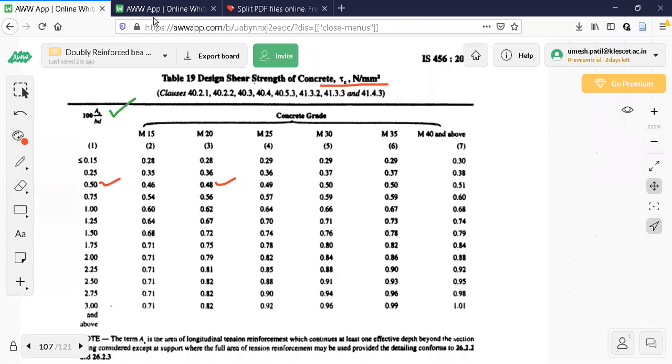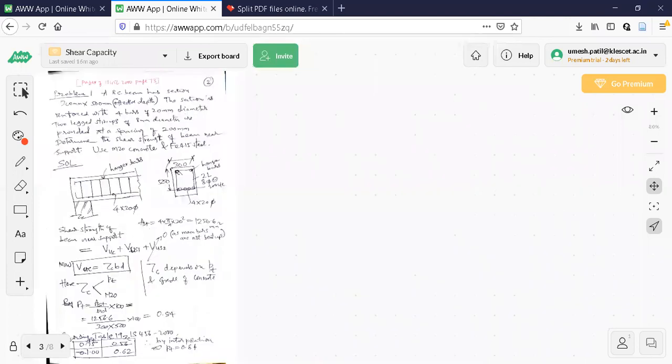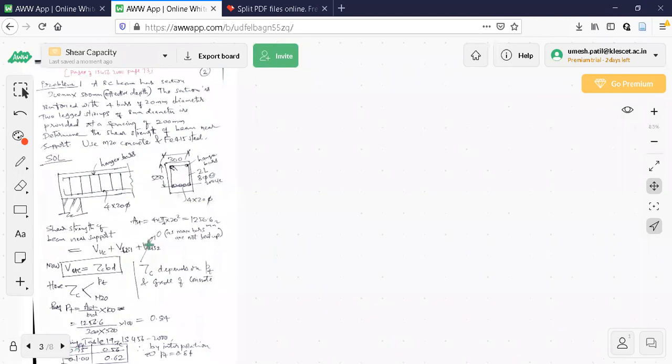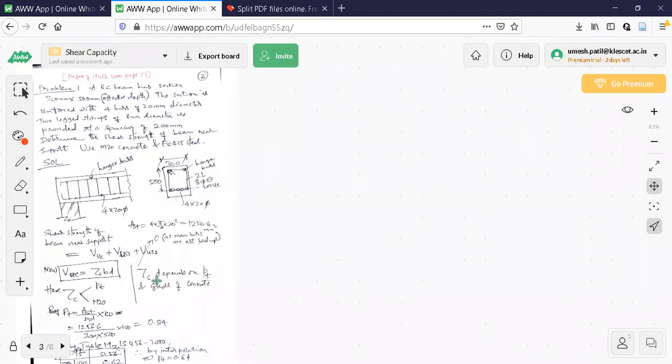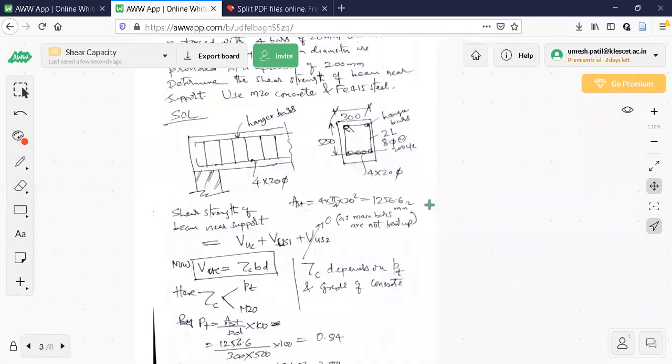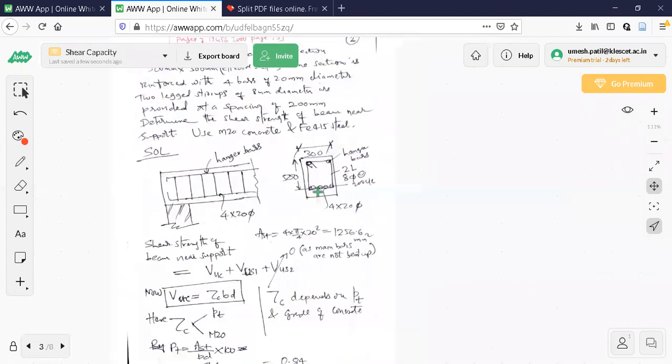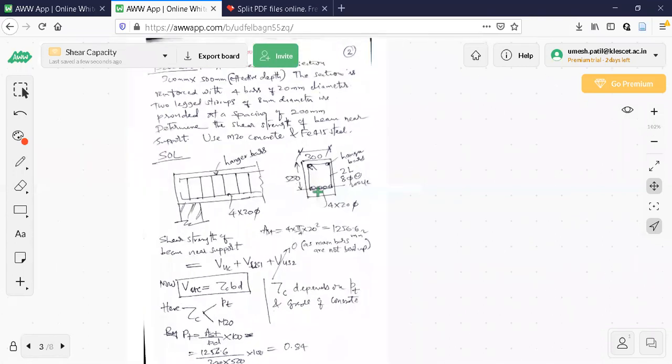Should I stop it? You want me to stop it? Yes, sir. Okay, I wanted to explain this one. When can I do this? I'm going a little bit slow because I cannot go fast in RCC. Anyway, I'll stop it.